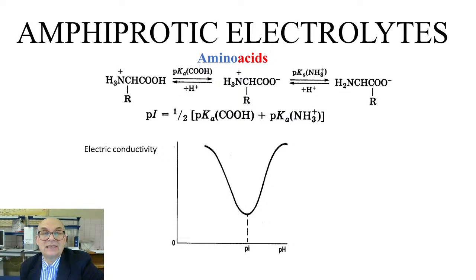And look at the center. It results in a protonated amino group, NH3 positively charged group. And this double ion is totally uncharged, because plus 1 and minus 1 together result in zero charge.